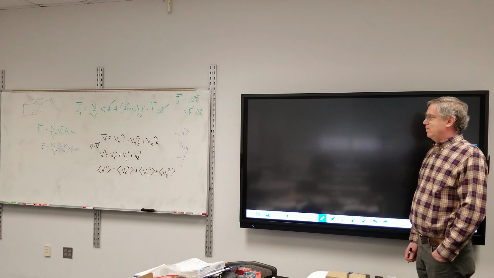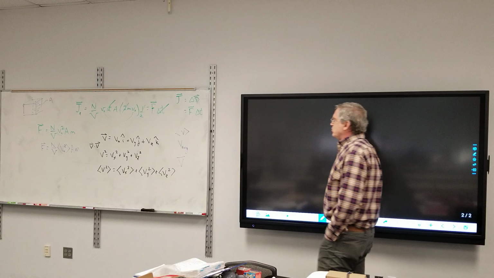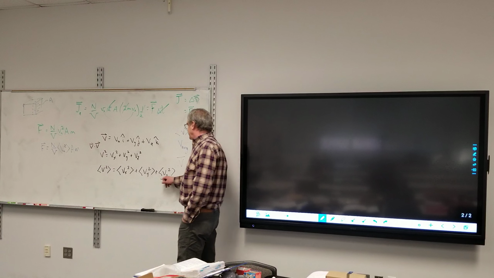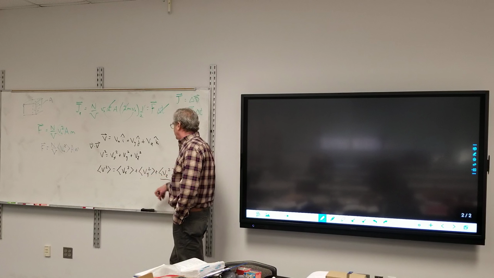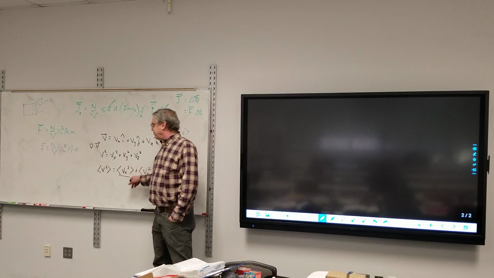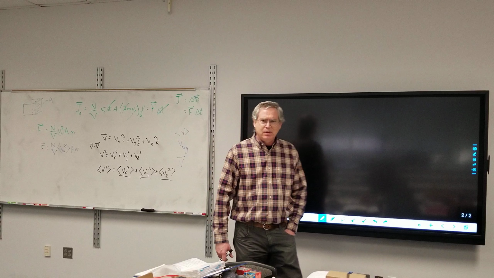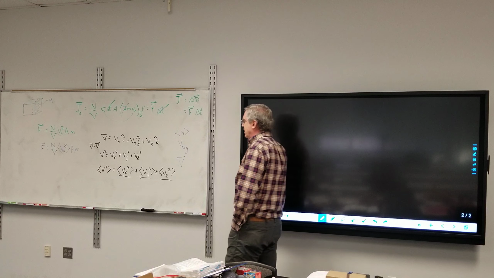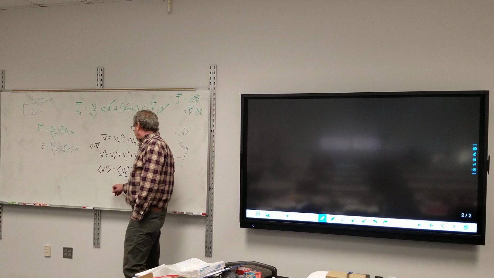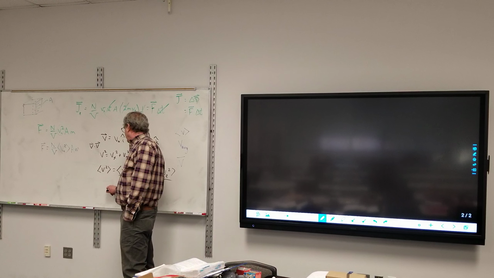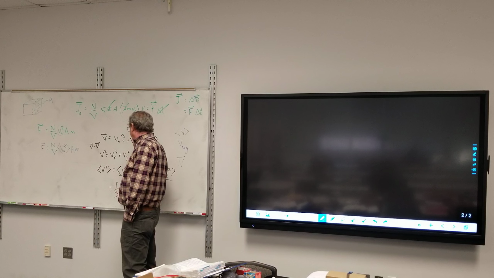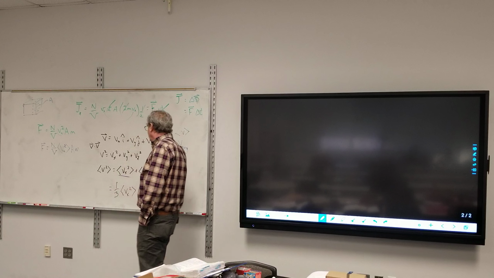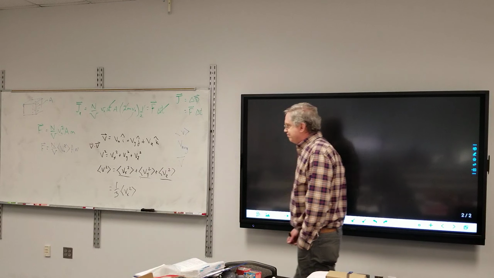All right. And if it truly is random, then the average value of Vz squared, the average value of Vy squared, and the average value of Vx squared should all be the same. Because again, there's no reason to give any preference to one or the other. So the average value of V squared would be 3 times the average value of Vx squared.